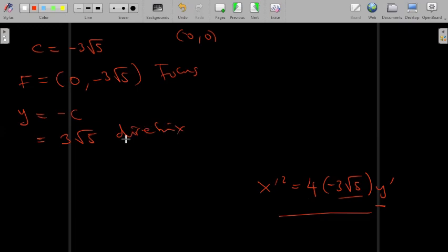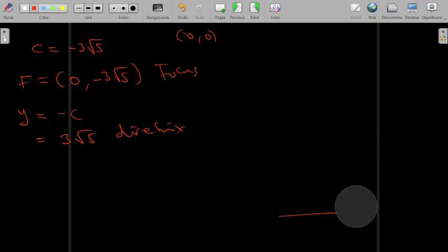Okay, I don't end here. The reason is what we found, remember, is in the x prime, y prime coordinate system. But I do not want it to be in the x prime, y prime coordinate system.